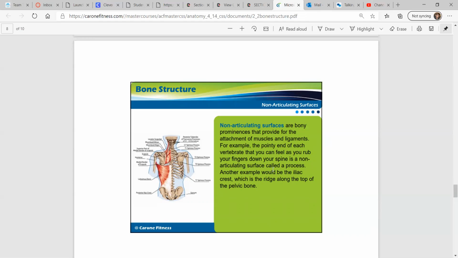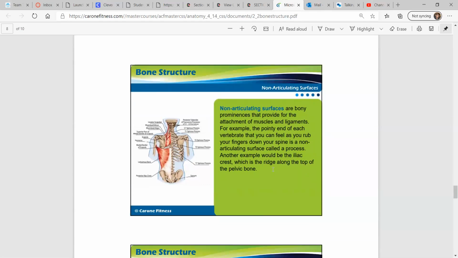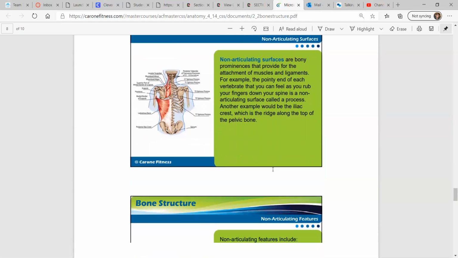So articulating surfaces are more bone to bone, and then these are more bone to other types of muscles or ligaments. For example, the pointy end of each vertebrae that you can feel as you rub your finger down your spine is a non-articulating surface called a process. Another example would be the iliac crest, which is the ridge along the top of the pelvic bone.